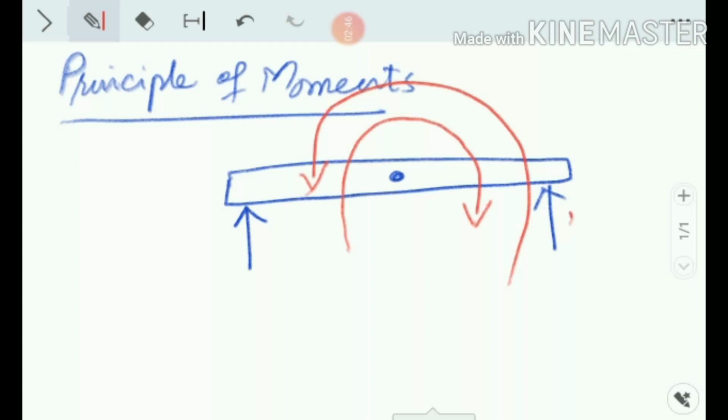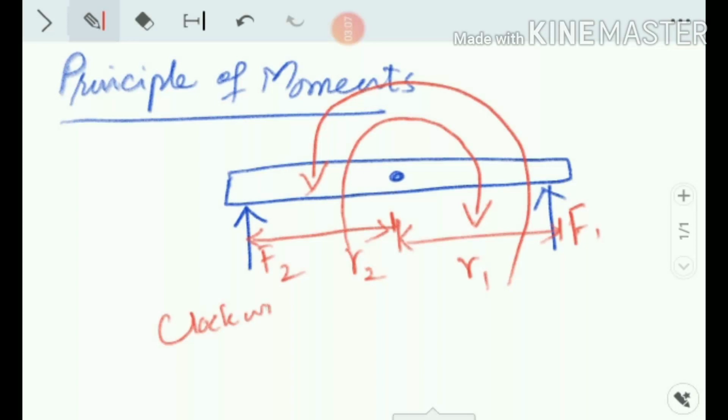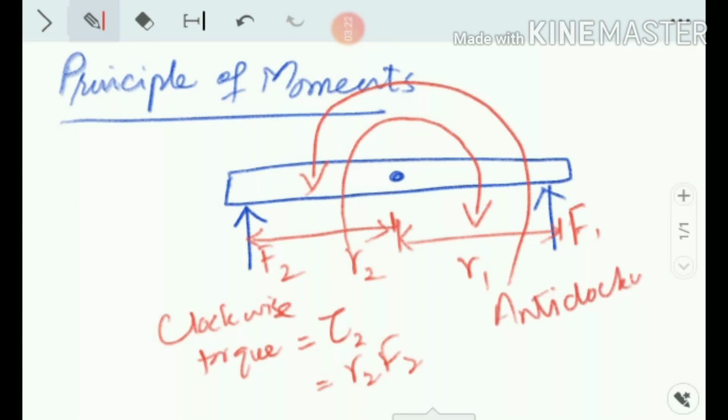So if this is force F1 and this is force F2, and the moment arm of this force is R1 and the moment arm of this force is R2, then we can say that the clockwise torque is equal to R2 F2, and anti-clockwise torque is R1 F1.